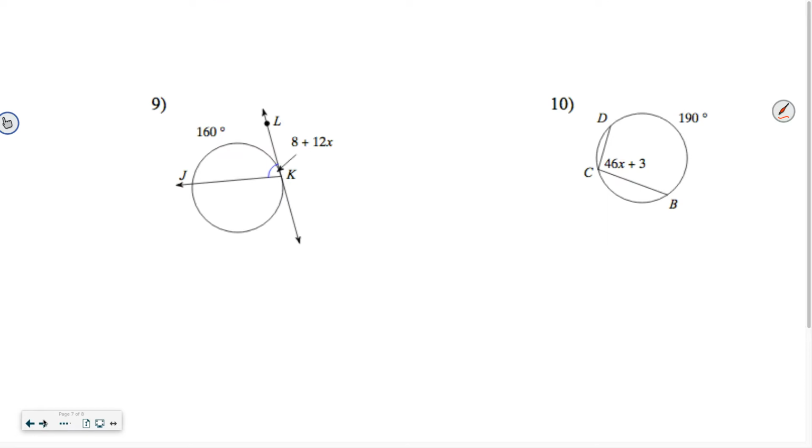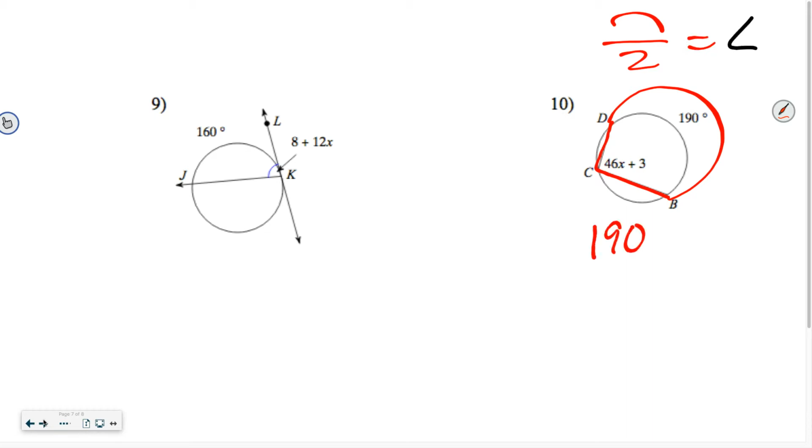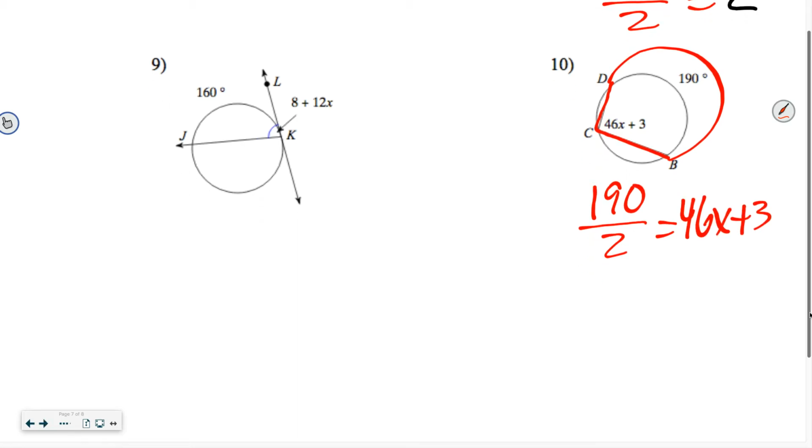They're both on the circle. We'll go ahead and do problem 10. So here is my arc, and we know it's arc divided by 2 equals the angle. So the arc is 190 divided by 2 equals the angle, 46x plus 3. Now I already know this one's going to be a little bit easier because it's some simpler math, because 2 nicely goes into 190.